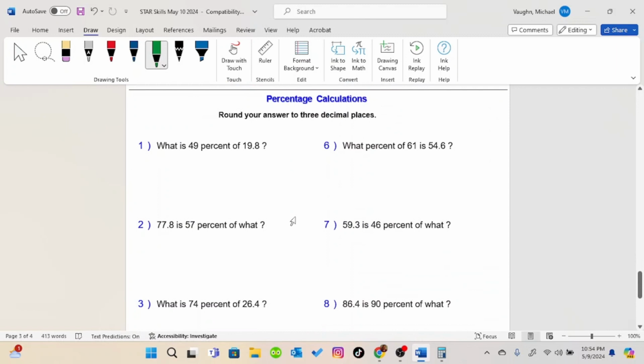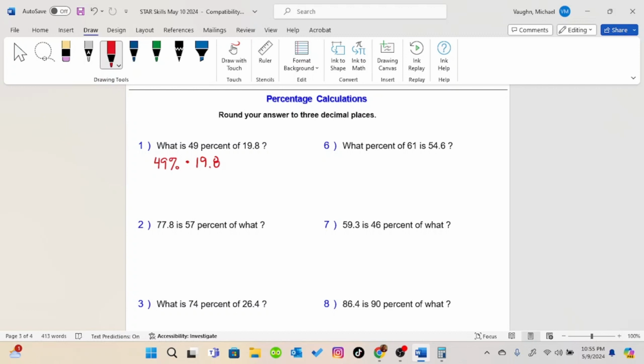And page 4, percentage calculations, round your answer to 3 decimal places. Number 1, what is 49% of 19.8? So this would be 49% times 19.8.